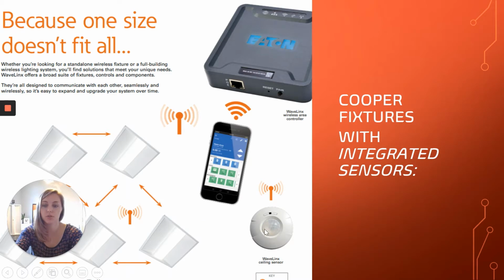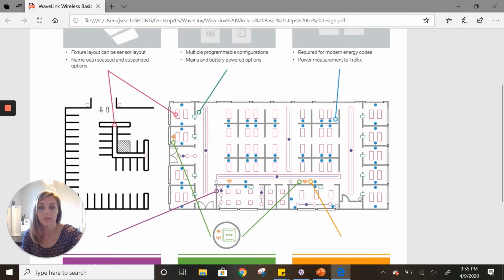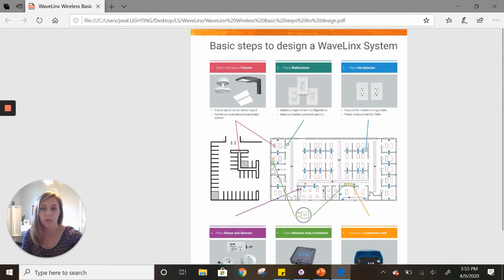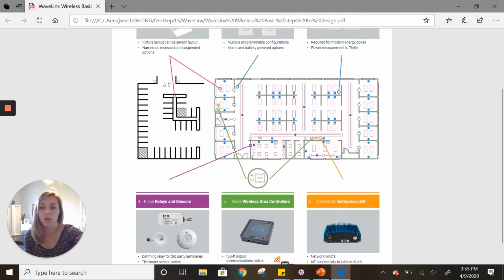I'm going to trail off here onto a graphic that I really like. This is a floor plan that tells you all of the parts and pieces that you might need for a basic layout. In the purplish red, you can see your fixtures that have integrated sensors, and they are all that red color throughout the floor plan, just showing how simple it makes it. In green, you can see your wall stations are placed as normal, receptacles just like normal.